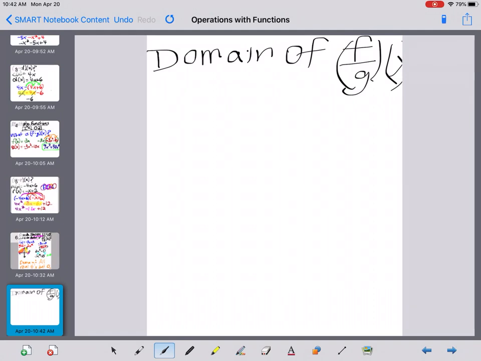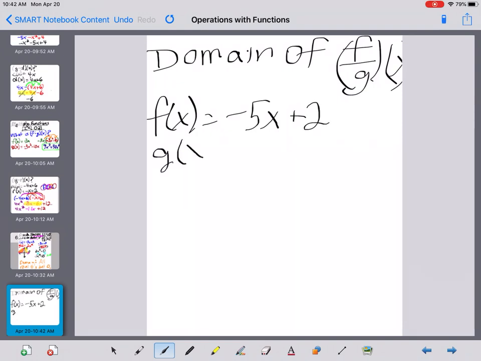Same thing as what we just did in the last one. So we have f of x equals negative 5x plus 2, and we have g of x equals 5x plus 3.